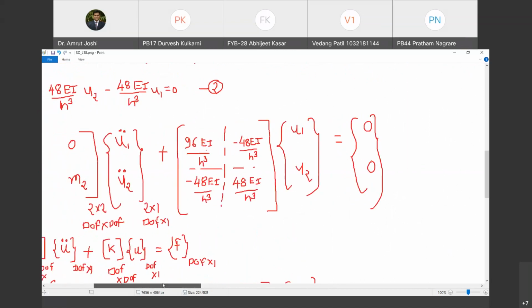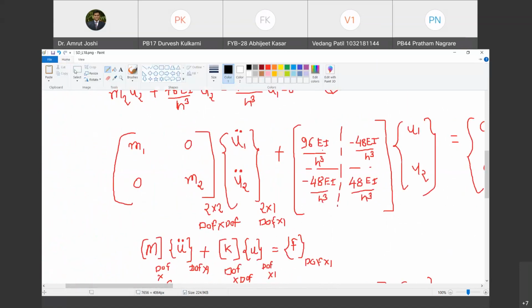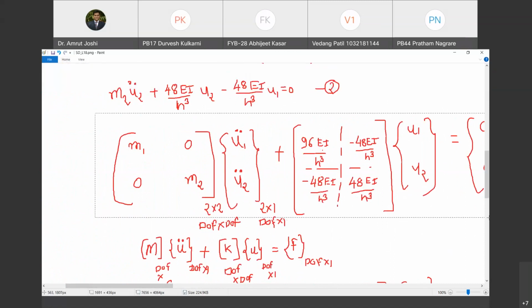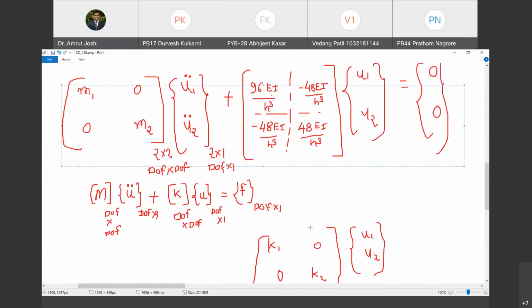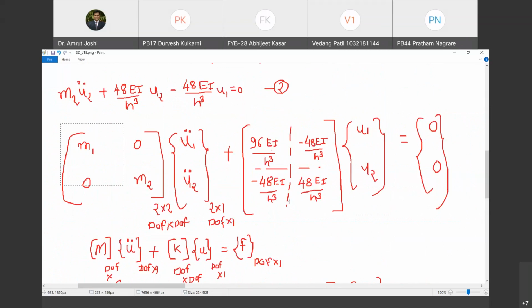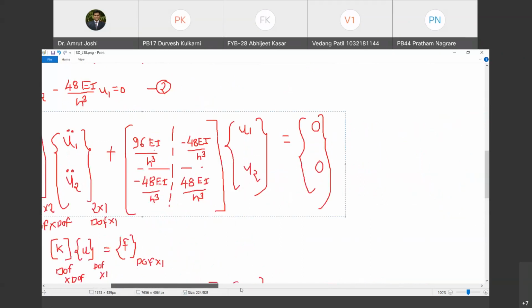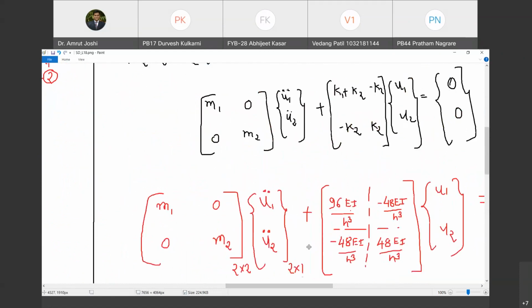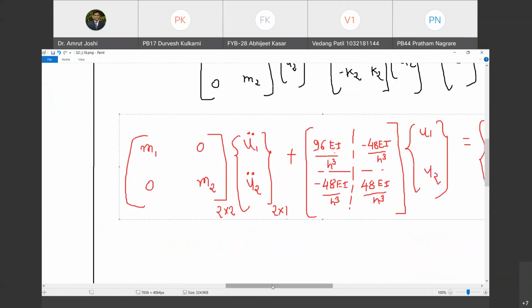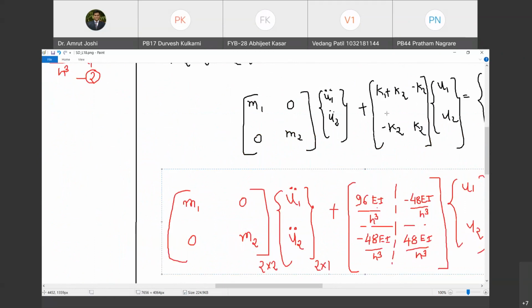Now compare this with the earlier equation that we have obtained. Let's compare. So what can you say? k1 plus k2 is 96 EI upon h cube.